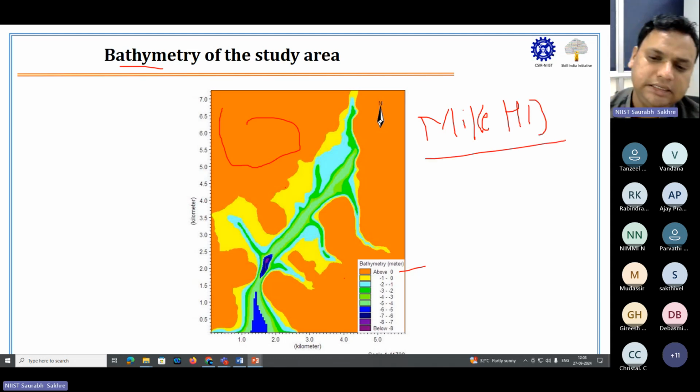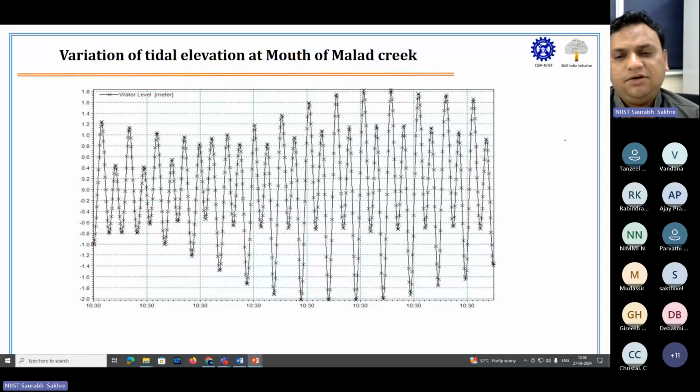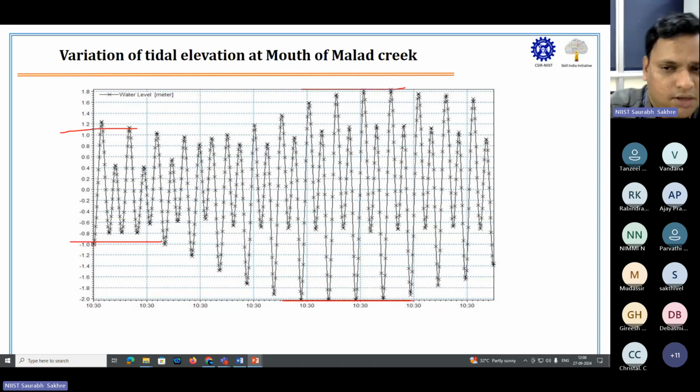We use Mike HD. Now, apart from that, we need to see the tidal elevation also at the mouth of the Mallard Creek, like how our tidal waves are varying. You can see here that initially that variation will be less, that's why the width is less. Afterwards variation will be high.